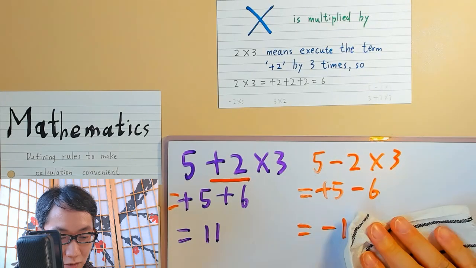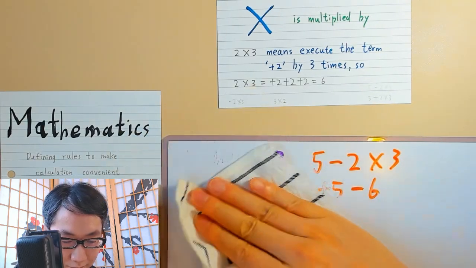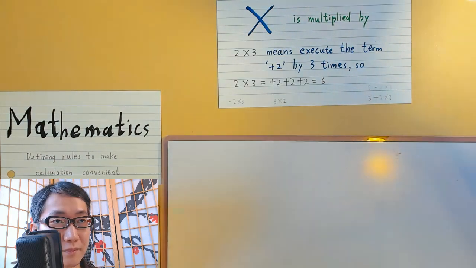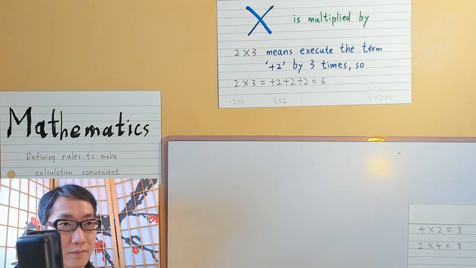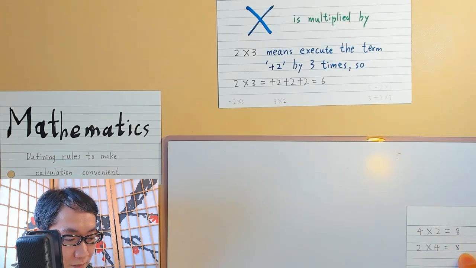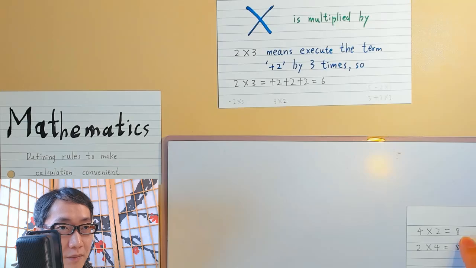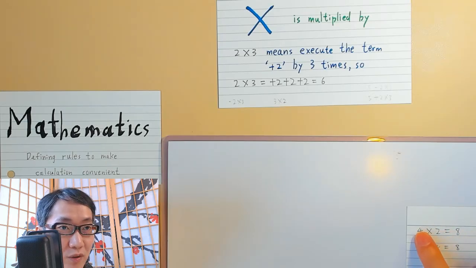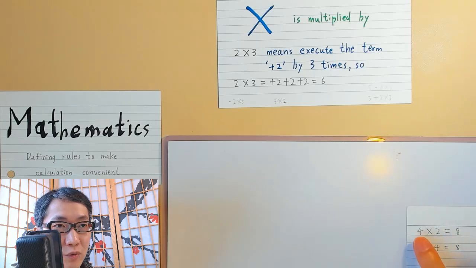So it looks like this. Positive 4 times 2 is positive 8. Positive 2 times 4 is positive 8. And it will always be the same answer, whatever number we put in here.